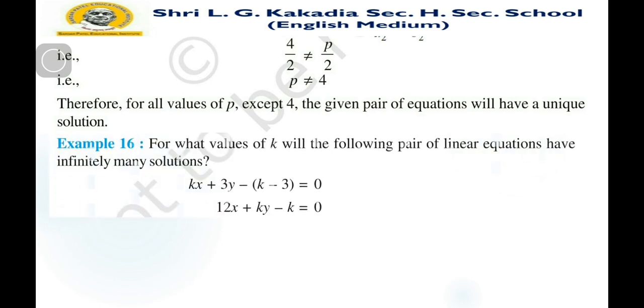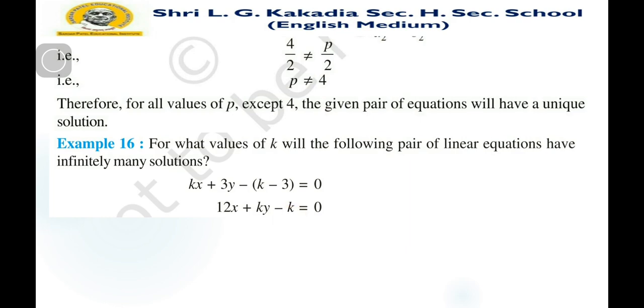Now, for what value of k will the following pair of linear equations have infinitely many solutions? We know the condition that both equations have infinite solutions is a1 by a2 is equal to b1 by b2 is equal to c1 by c2. Here from the equation you can see that it is a1, b1, c1, a2, b2 and c2.